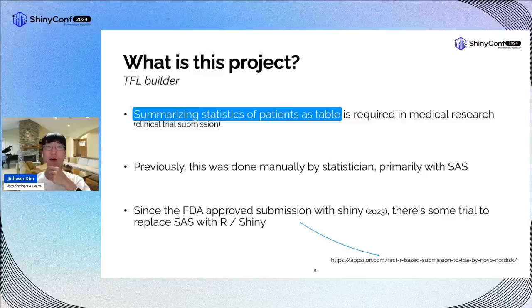However, since the FDA approved a submission with Shiny last year, there is some trial to replace SAS with R and Shiny, and I believe one of Epsilon's blog articles and talks described this very well, so you can refer to it if you're interested.